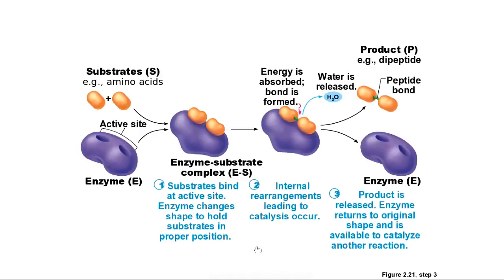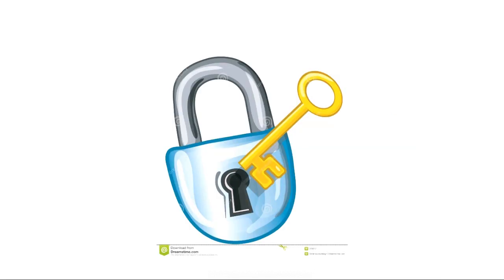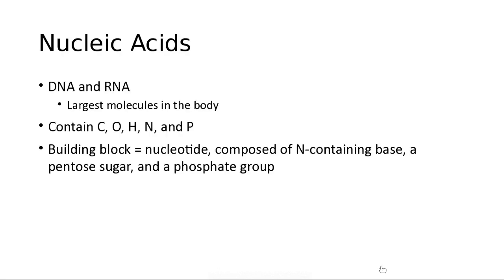This is showing you a little about an enzyme. You have two substrates here. By using a lock and key, they fit together and you get dehydration synthesis, and now you have your peptide bond. Enzymes work strictly in a lock and key fashion. The enzyme is used over and over.